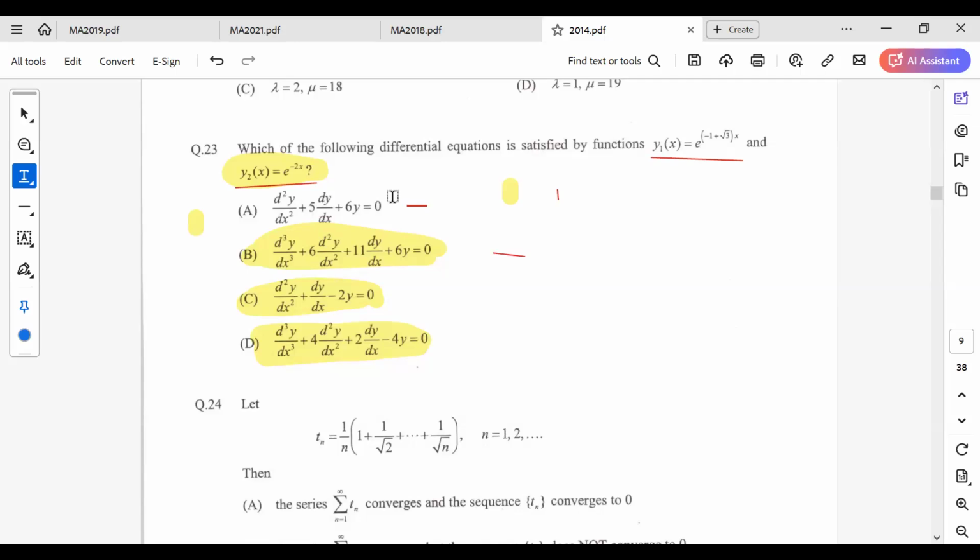Yes, sir. And what about the second thing? Can you see D? Solve the equation number D. Option D. So everyone have?